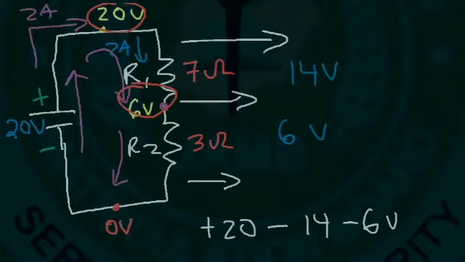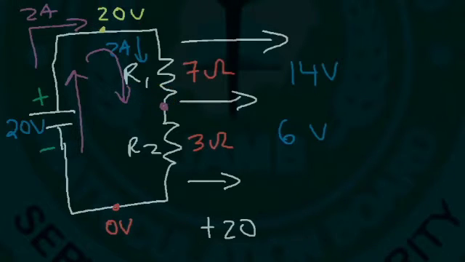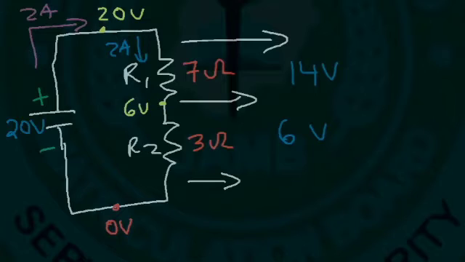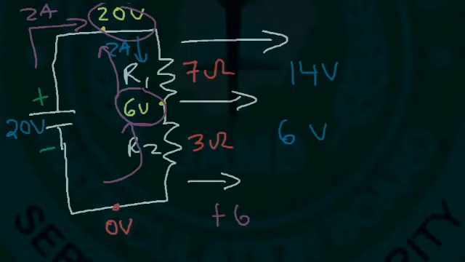Now let's say we travel in the other direction. It's still going to add up to 0 volts. So if we travel in this direction, we went from 0 to 6, so the voltage increased by 6. And through resistor 1, we went from 6 volts to 20 volts, so it increased by 14 volts.